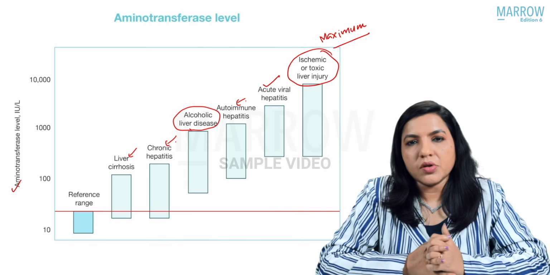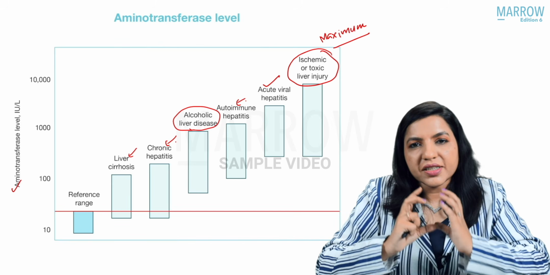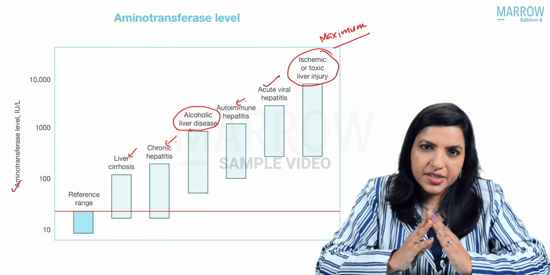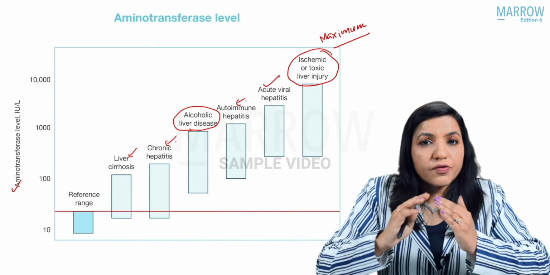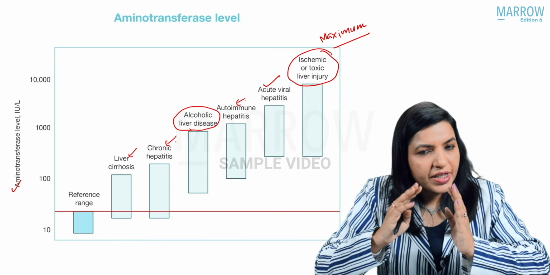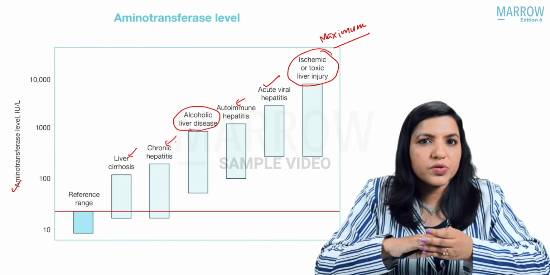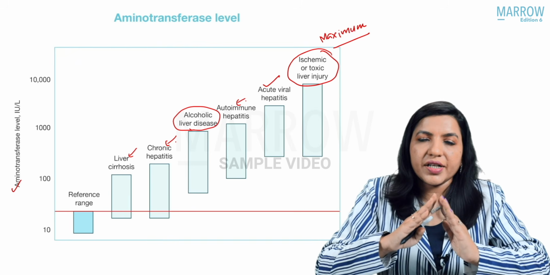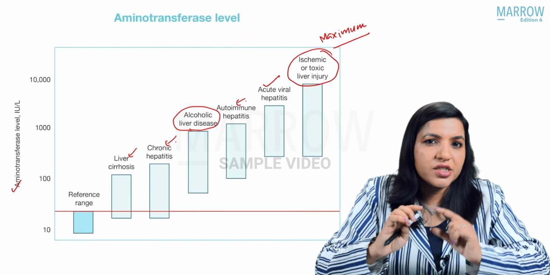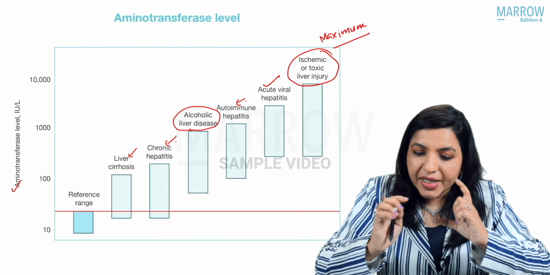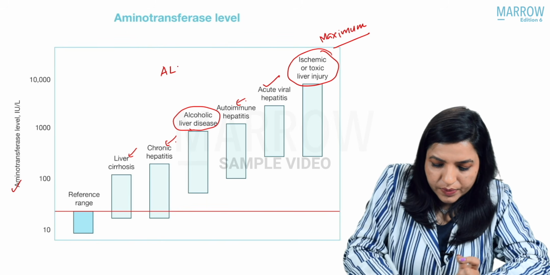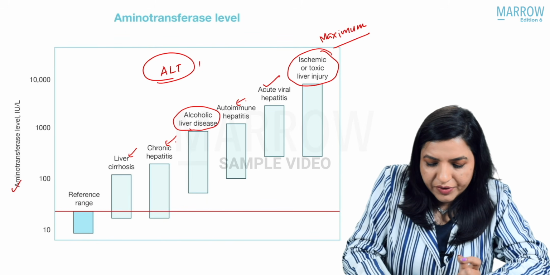Another question I want to ask is a scenario. A young adult went for a liver function test. When the report was analyzed, all the liver enzymes were within normal limits, but there is a mild elevation of ALT alone.